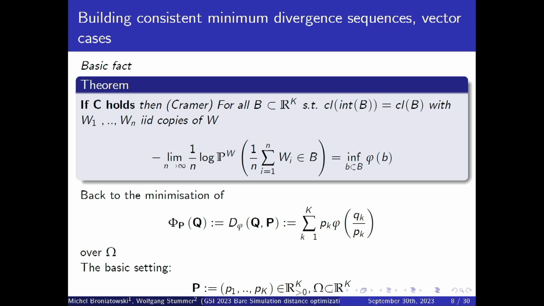Remember that phi p of q writes down in this form. So we will build a bridge between Cramér's theorem and the minimization of phi p of q when q belongs to omega, starting from there. And the construction is as follows. The basic setting is that p is given as a vector in Rk, and we want to minimize that.